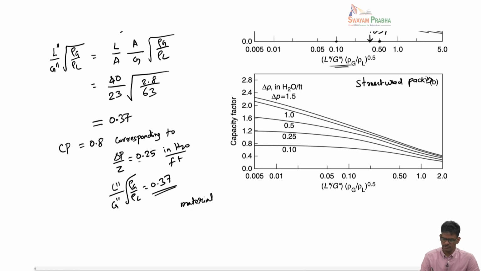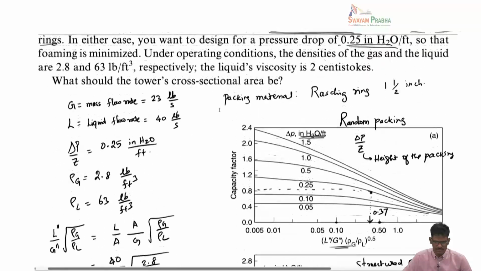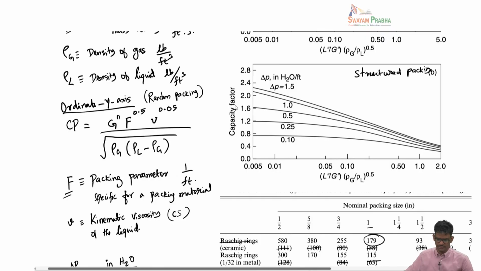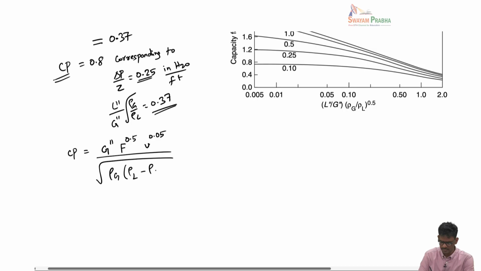So using these two pieces of information, I have found the capacity factor is 0.8. Now we know the definition of capacity factor. This capacity factor Cp is defined as G double prime times F to the power 0.5 times nu to the power 0.05, and this number is equal to 0.8.